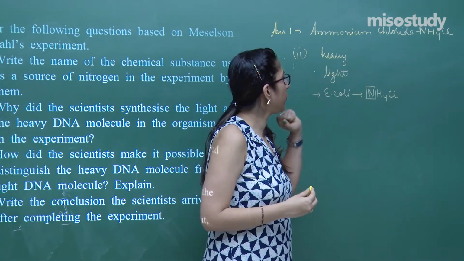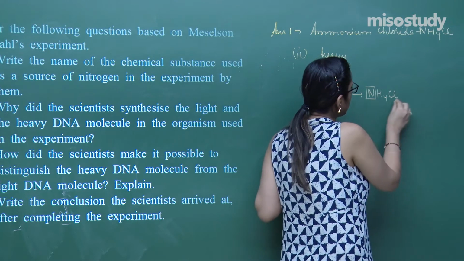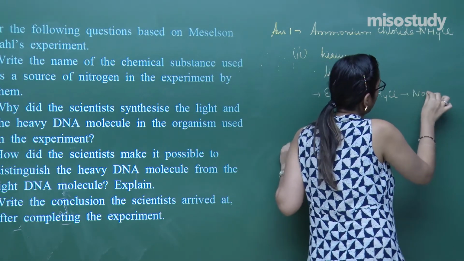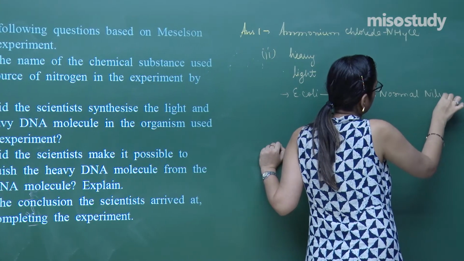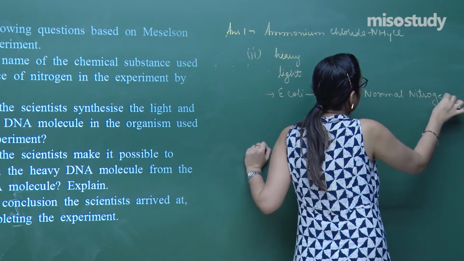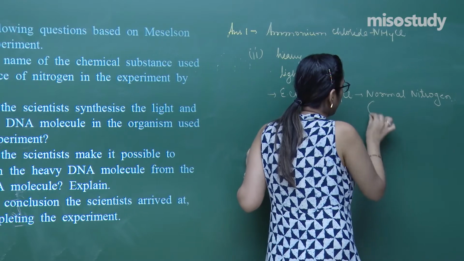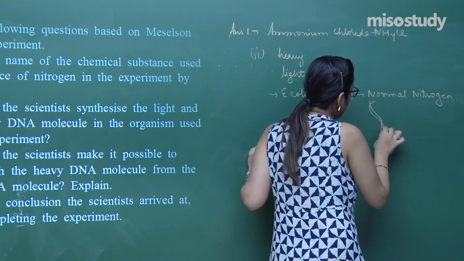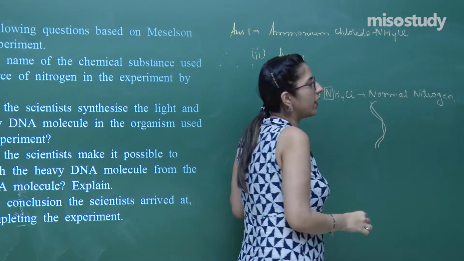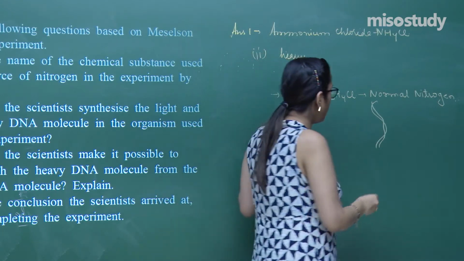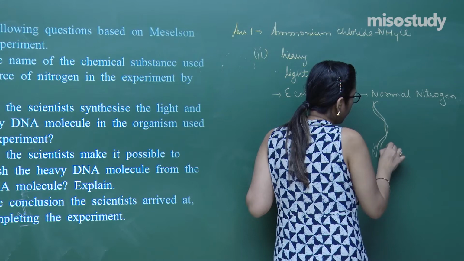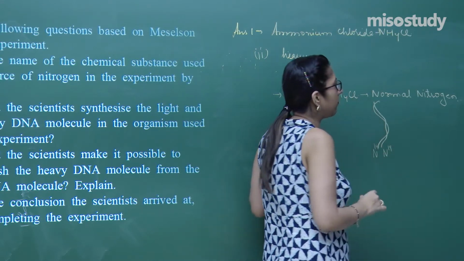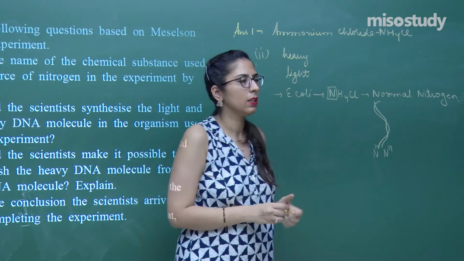In the NH4Cl, when they first grew it, this was normal nitrogen. Then he saw that the two strands of the DNA were both normal, and we know the molecular weight is N14, N14. They both were N14, N14 only.